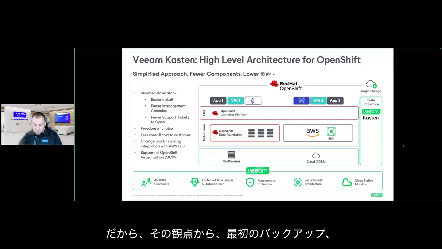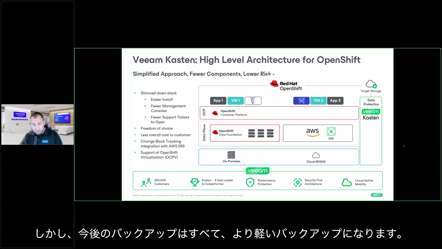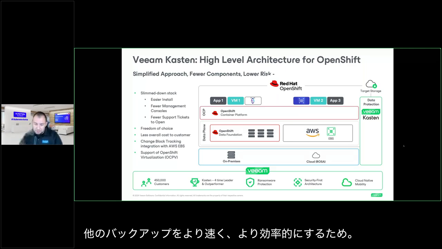So from that perspective, the first backup, especially in the case of a virtual machine, even though it's not the only use case, will be a full backup, as you can imagine. But all the upcoming backups will be lighter, and we are going to leverage the CBT integration to make the other backups faster and more efficient.